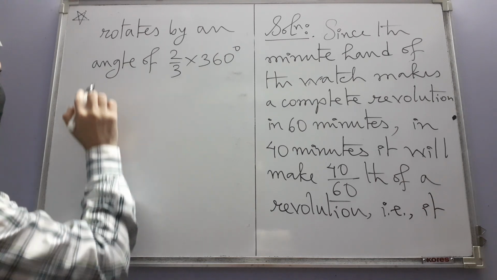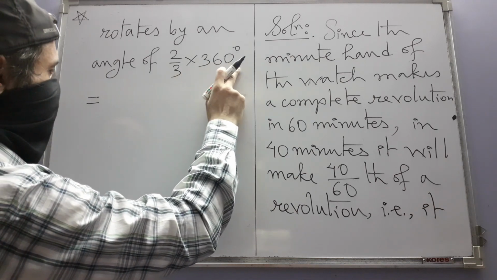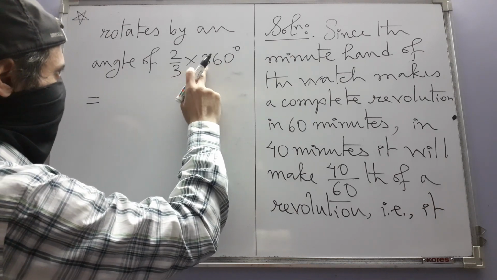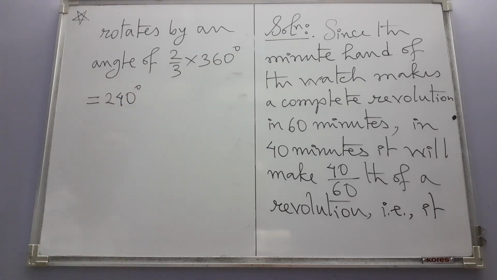So we can simplify this. If you divide 360 by 3, you get 120, so 240 degree.